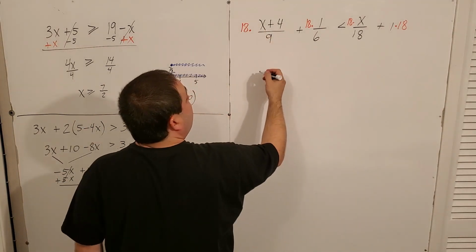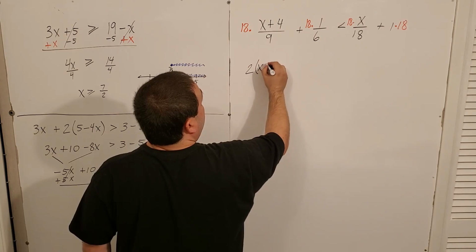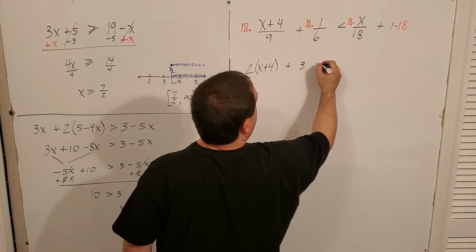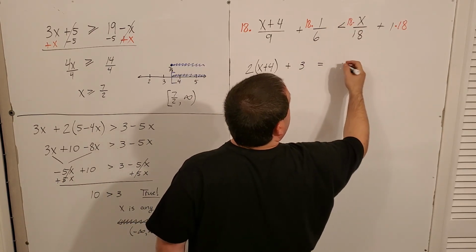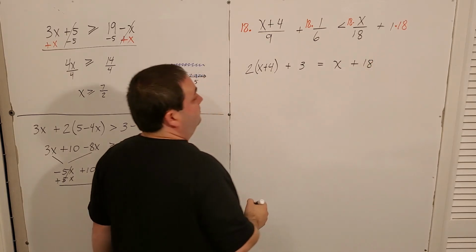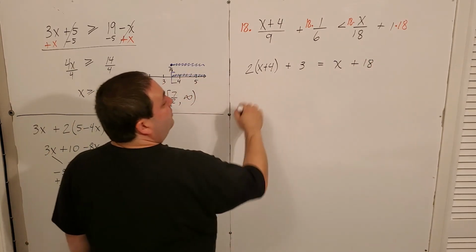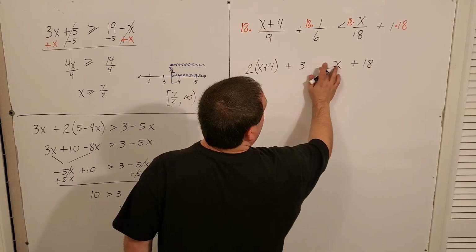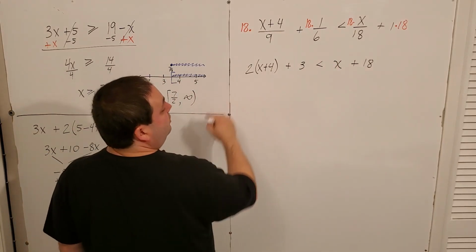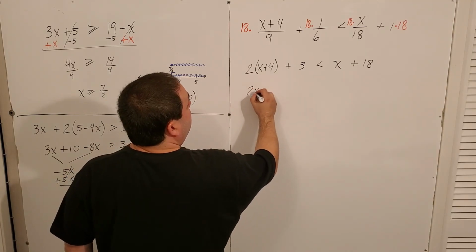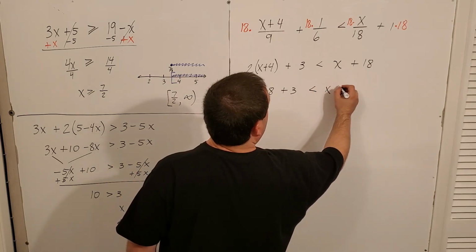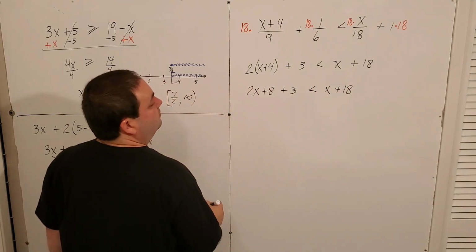18 divided by 9 is 2. 18 divided by 6 is 3. 18 over 18 is 1. And 1 times 18 is 18. I'm going to use distributive property. Whoops, made a boo-boo. Less than. Use distributive property. 2x plus 8 plus 3 is less than x plus 18.